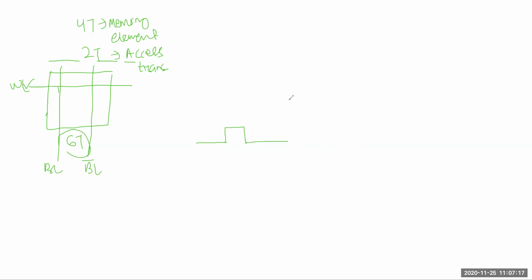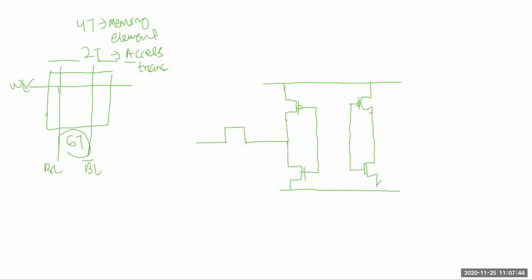Here this is one inverter. This is another inverter. This is VDD. This is ground. Now you can see, as we discussed yesterday also, 2 inverters are connected back to back.